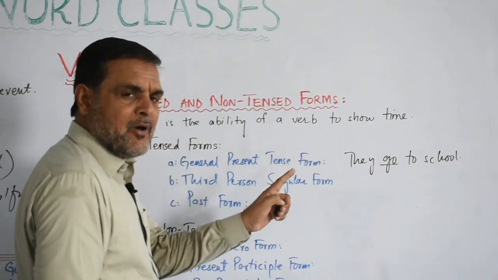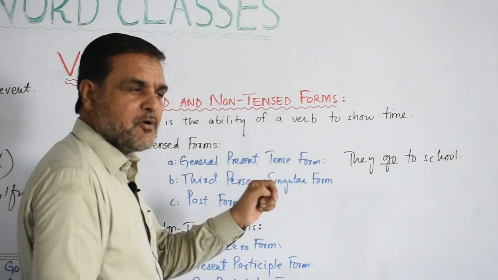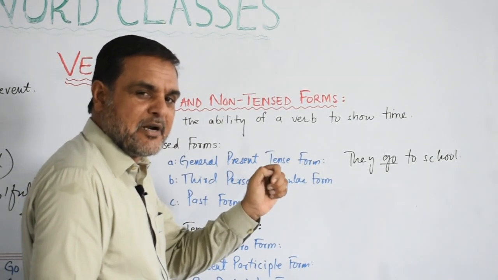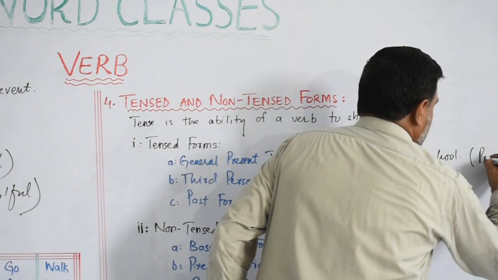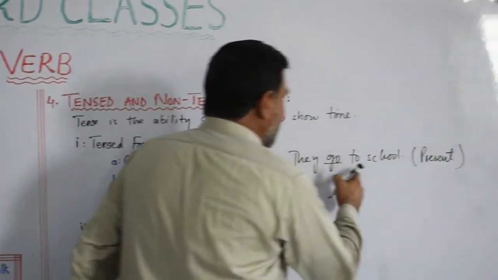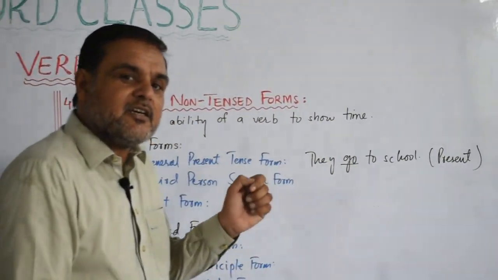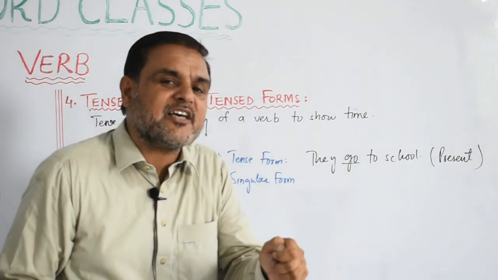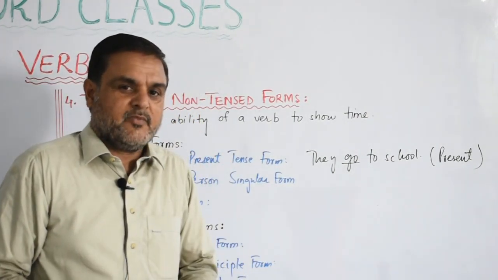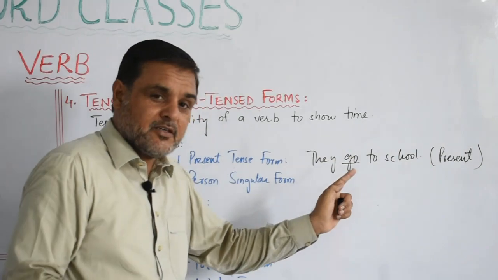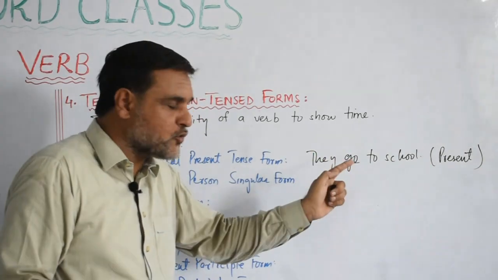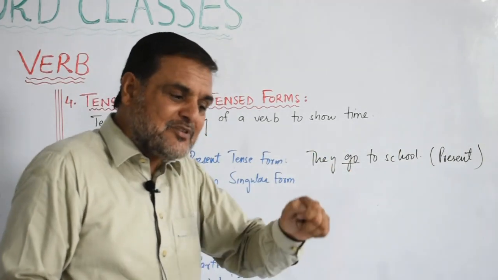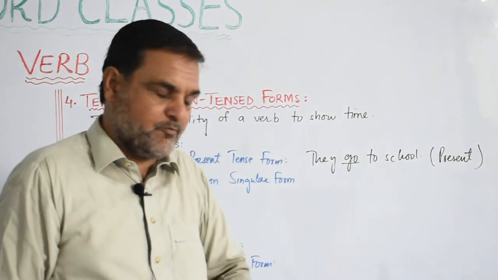What is the time of this sentence? The time of this sentence is present. We know it very well that this tense describes a situation in present. This sentence, they go to school, describes a situation in the present time.